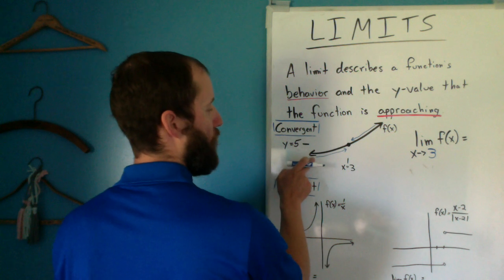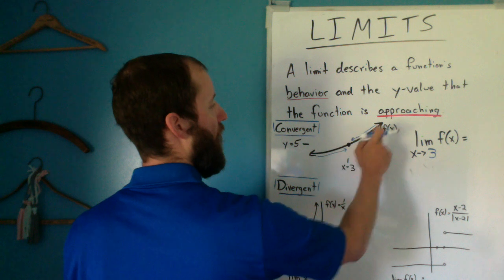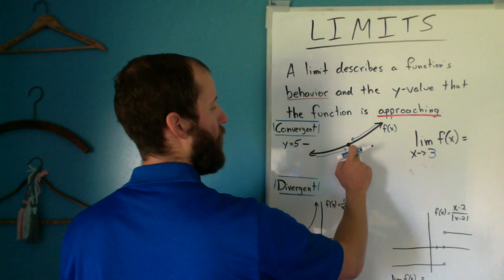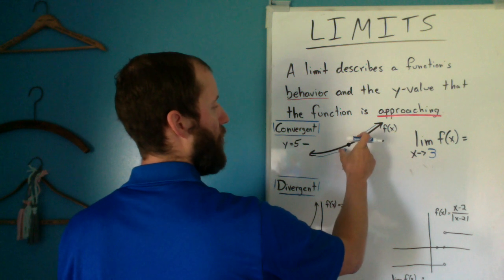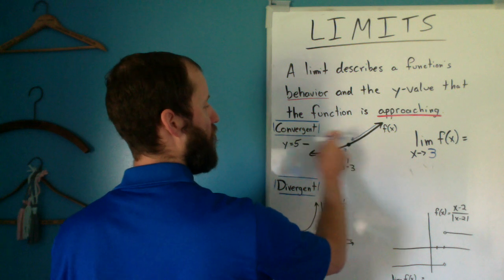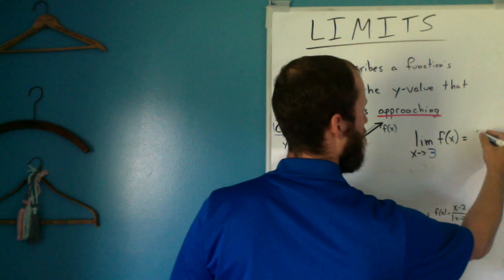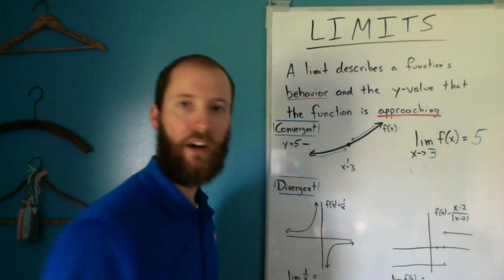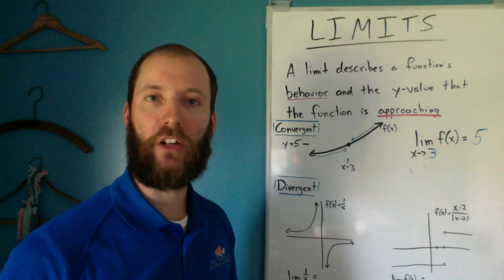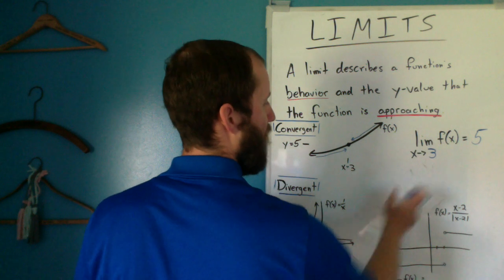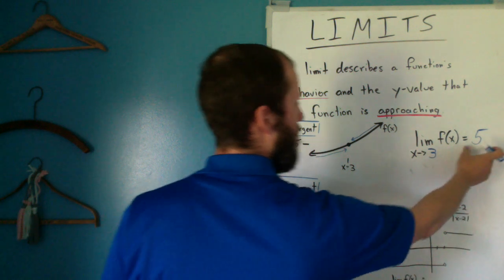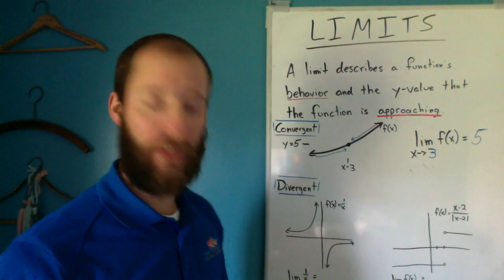And we see as we approach x equals 3 from the left, as we approach x equals 3 from the right, these blue arrows are coming towards each other and they are converging towards this y value of 5. All right? So the limit of f of x as x approaches 3 is 5.